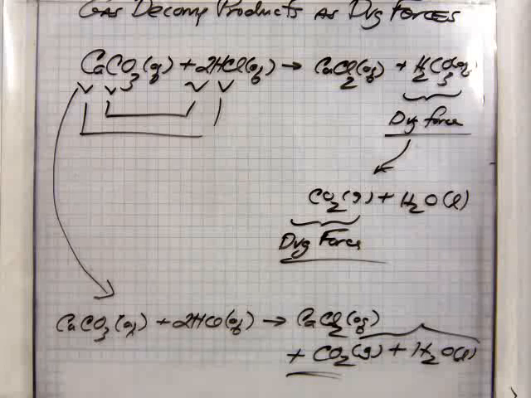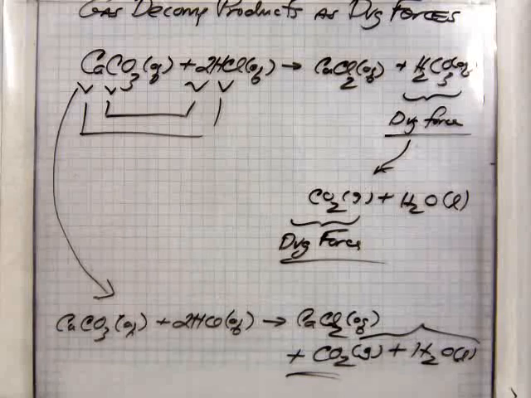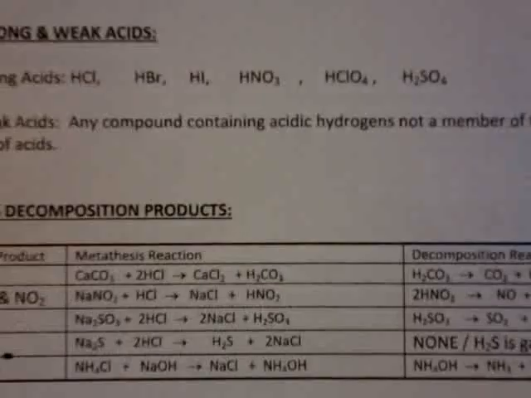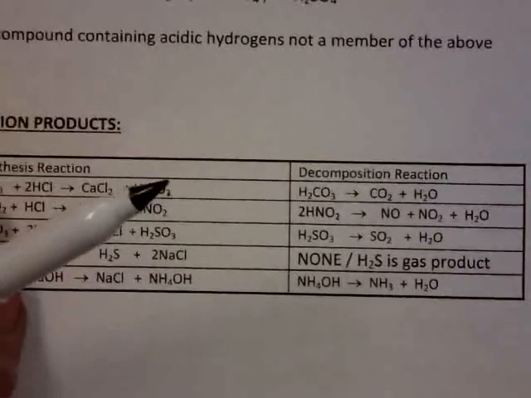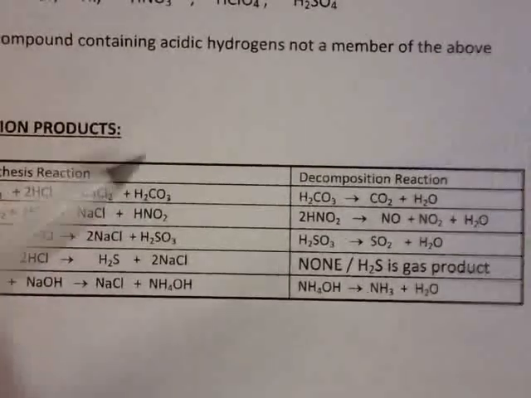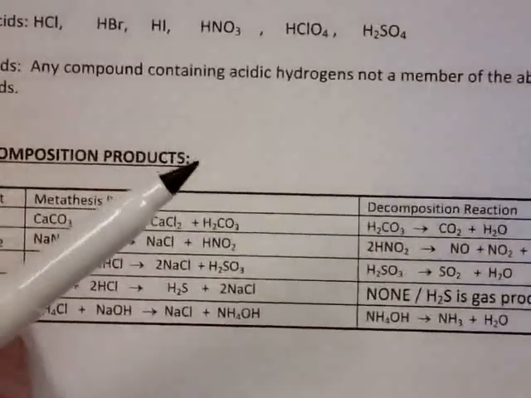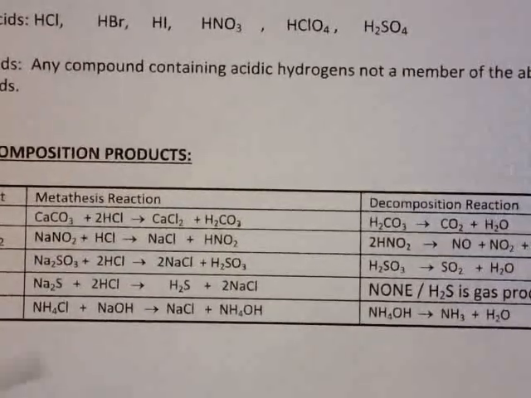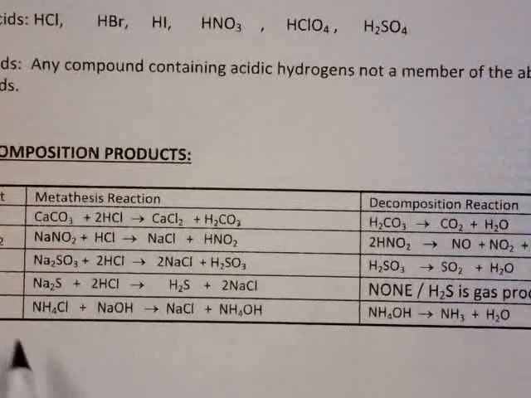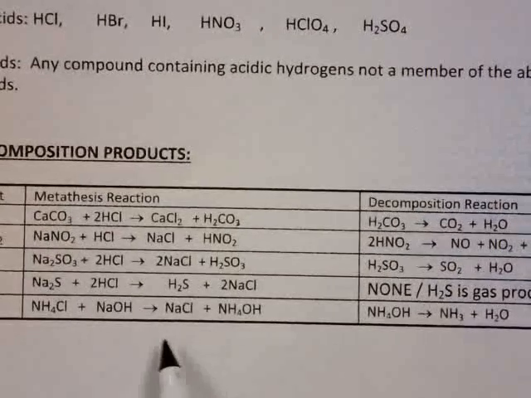Now, the only base generated is, of course, ammonium hydroxide, as you see down there at the bottom. And once you generate an ammonium hydroxide in the exchange reaction, if you have something like ammonium chloride and sodium hydroxide, you can see the exchange, AXBY, gives you the salt and then that weak base.